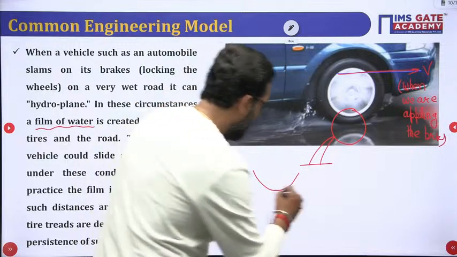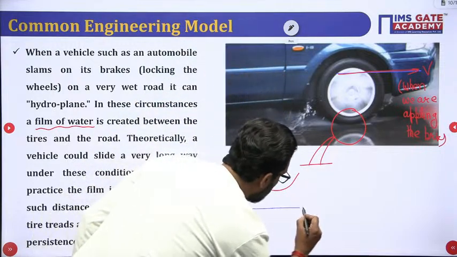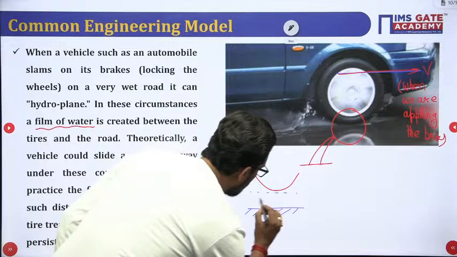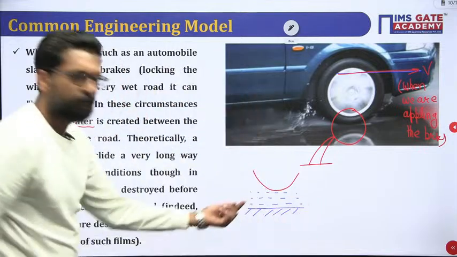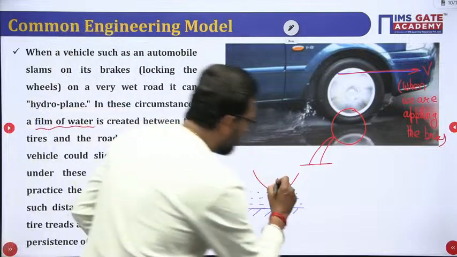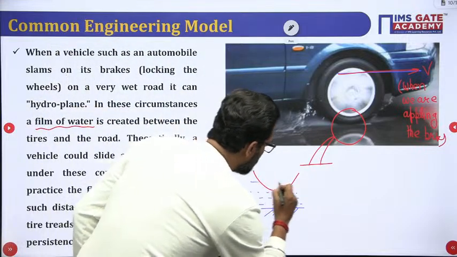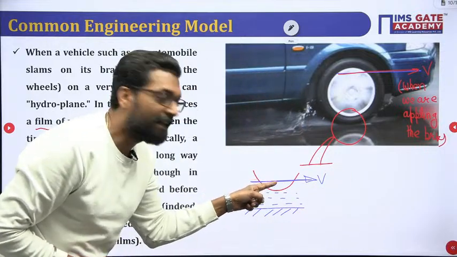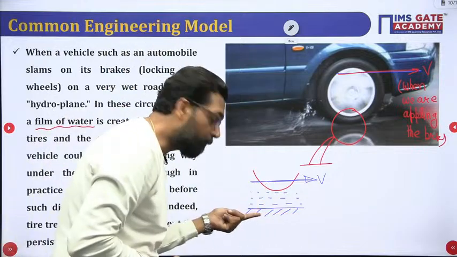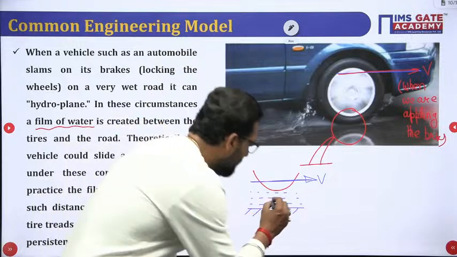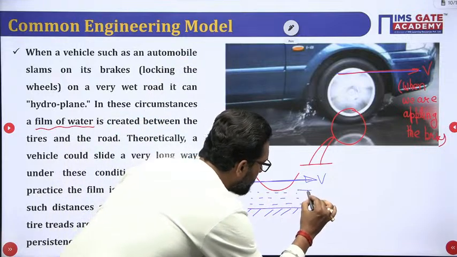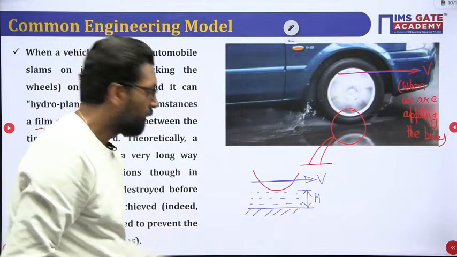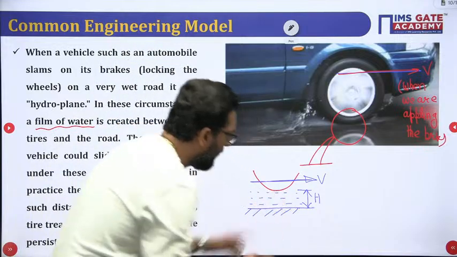There must be a road which is fixed, and on it there must be a fluid. That is called hydroplaning. So this tire will move in this direction with a velocity v. This tire acts as a moving plate and this road acts as a fixed plate. In between there is a hydroplaning layer. Let's suppose this hydroplaning layer has thickness h.